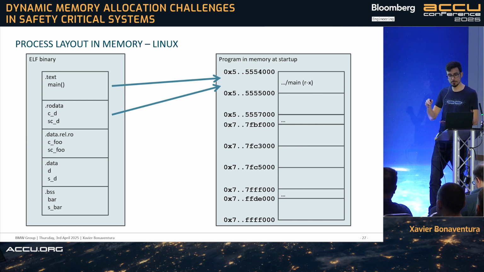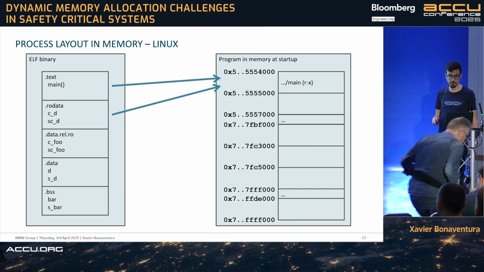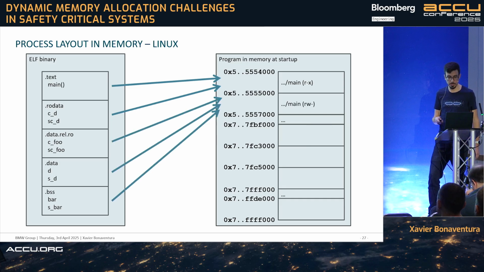On memory, in certain memory addresses, you will see these sections created. In these first two sections is where most of your code goes. You have this R-X, which is the permissions: the RX is all your instructions and read only, and the other one is the part that you can write.